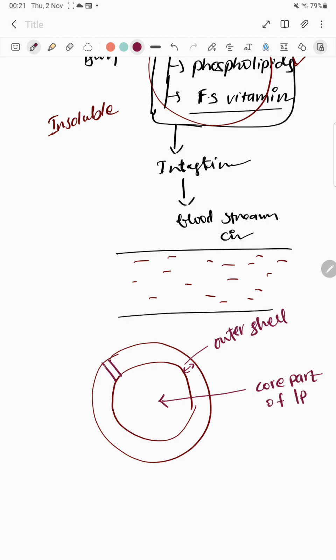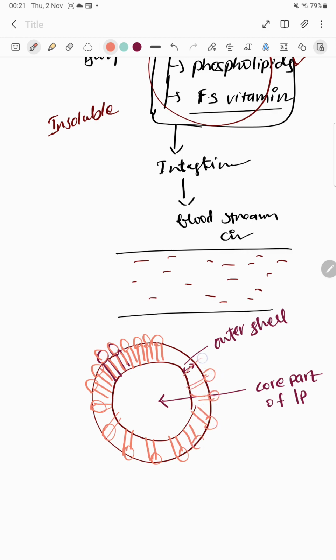These are phospholipids. This outer shell is made up of phospholipids, everywhere, phospholipids all around.